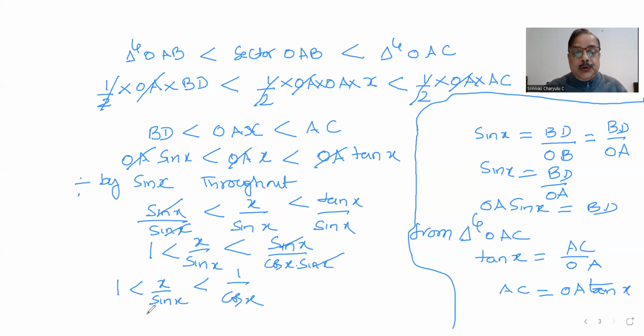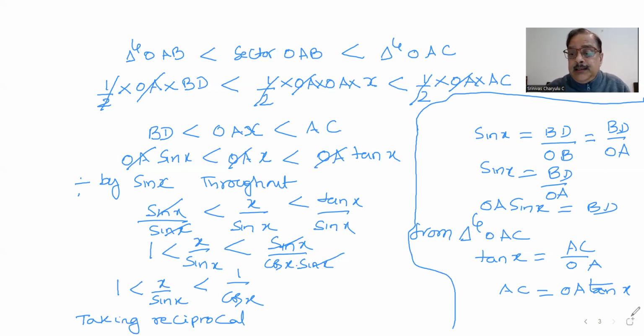Okay. So now what I do here, I will take the reciprocal. Taking reciprocal, 1 will become 1 only. Reciprocal of 1 is 1. X by sin X reciprocal, sin X by X. 1 by cos X reciprocal, cos X by 1. So when I'm taking reciprocals, I must change this less than symbol to greater than symbol.